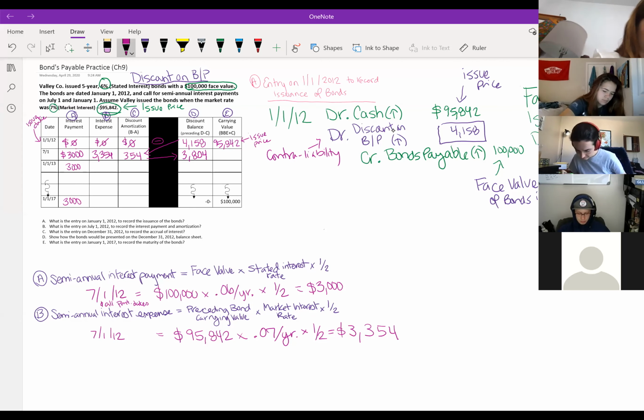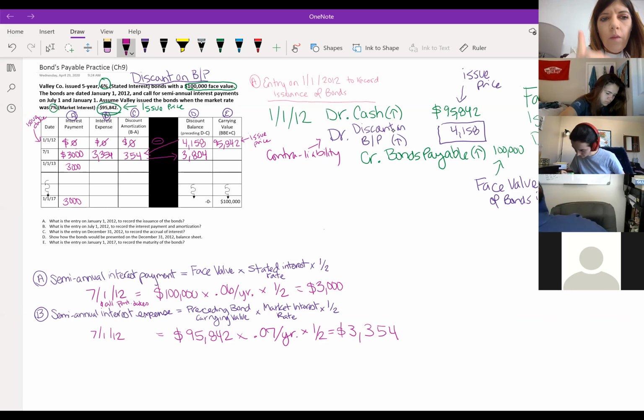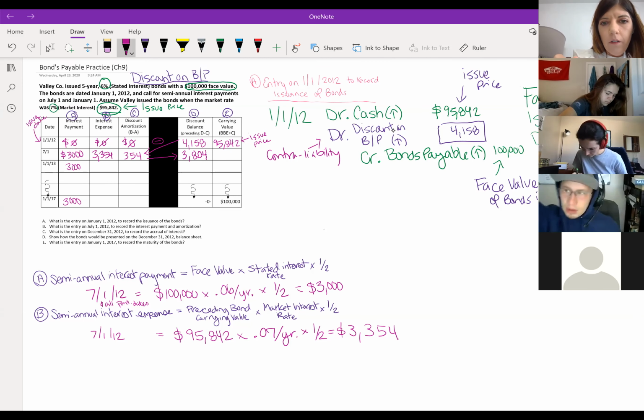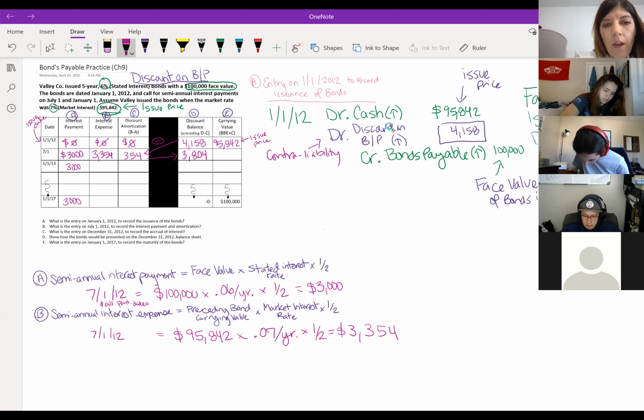And over time, because the discount's going to slowly be decreasing, face value remains unchanged, our carrying value is slowly increasing by that discount amortization, that reduction of the discount. So we're going to take 95,842 plus 354.